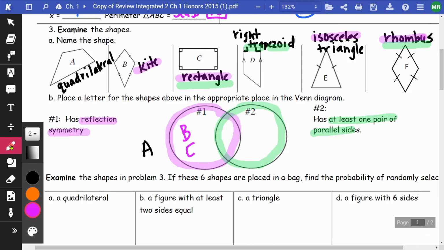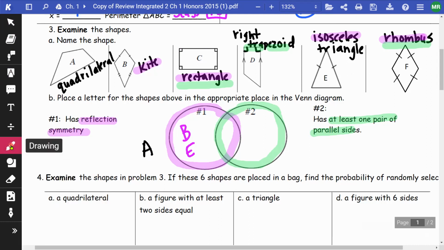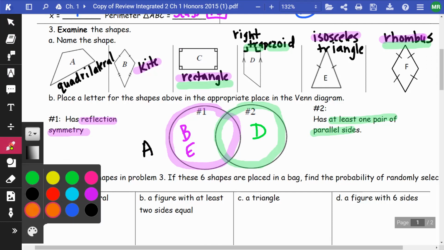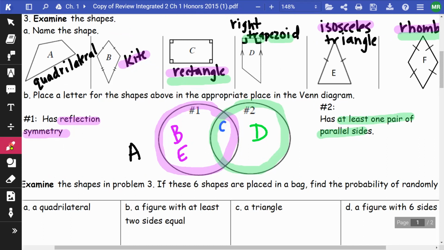It's going to be E, which is isosceles triangle. The things that are just in the green is going to be our right trapezoid, which is D. And the things that are in both, I'll write that in this blue. So that is going to be our rectangle and our rhombus. And let's see, I need to make sure I have 1, 2, 3, 4, 5, 6.